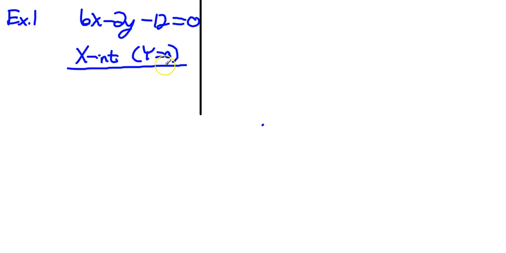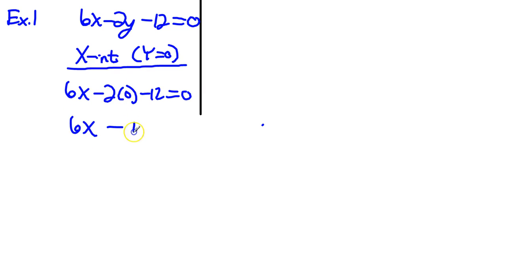So if you plug in y for 0, that's 6x minus 2 times 0 minus 12 equals 0. That'll go away. The y value goes away. Basically, that's 0, so that's out. So that's 6x minus 12 equals 0. Just move the 12 over.